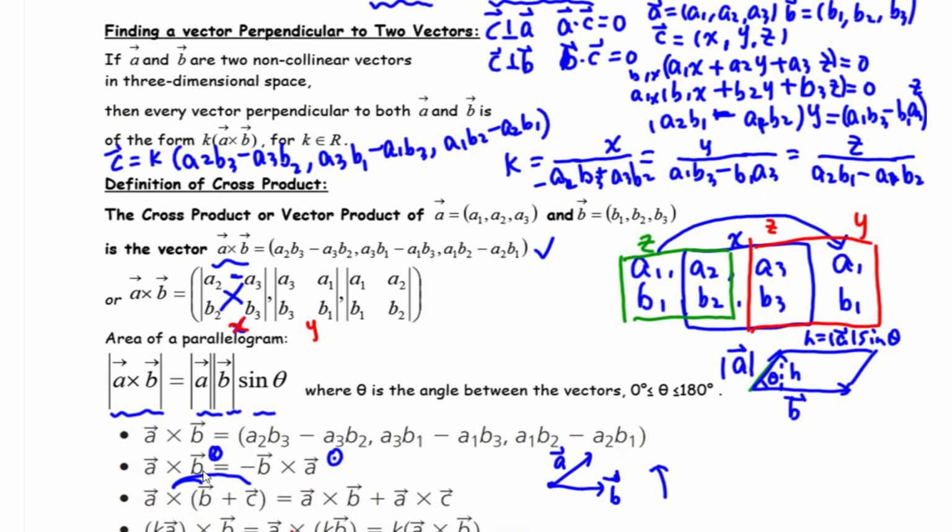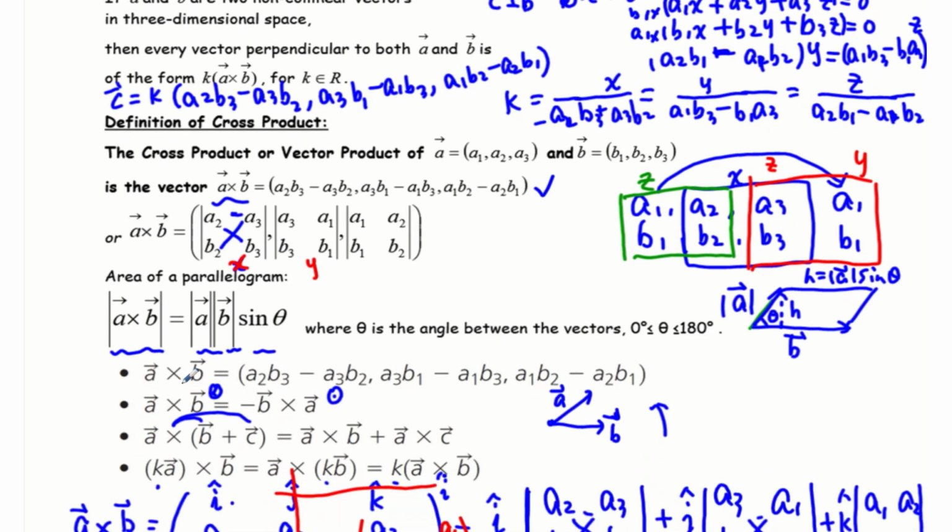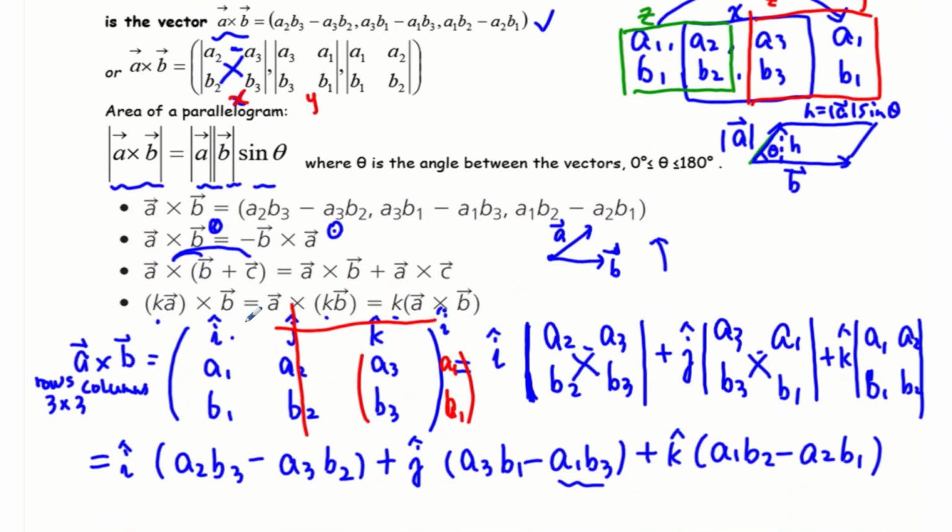And here is how to memorize it. We create a 3 by 3 matrix with i, j, k, the x direction, y direction, z direction, and we write the a and b vectors here. For the i direction, we cross the i direction out, only a2, b2, a3, b3 left. For the j direction, cross j out, we have a3, b3.